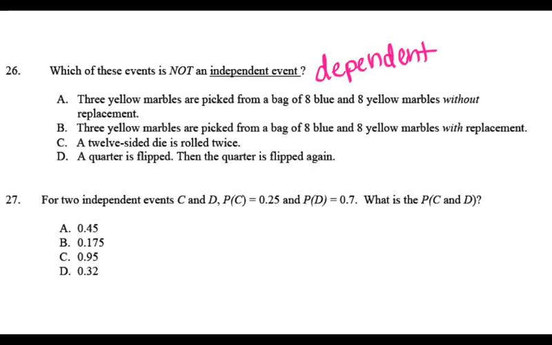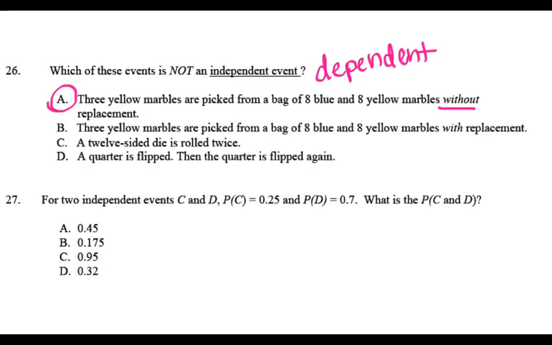So looking at A, 3 yellow marbles are picked from a bag of 8 blue and 8 yellow marbles without replacement. So without replacement means that once I take one of the marbles out, I am not putting it back in. So that changes the number of marbles in the bag once I draw a second marble. So this right here is a dependent event.